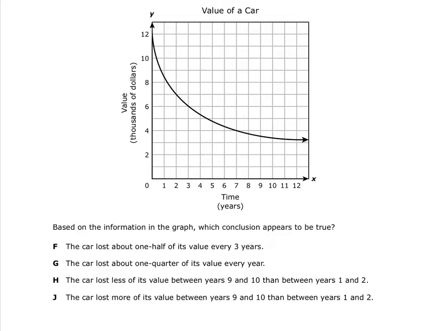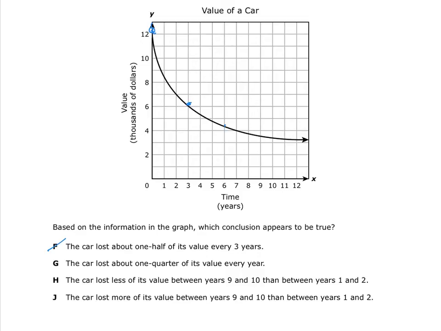So at first, it appears to be 12. And so 3 years later, it appears to be worth 6. That is half. Okay, 3 more years later, at year 6, it appears to be worth a little over 4, but that's not half. Okay, so for F to be true, it has to lose half of the value every 3 years. So we can eliminate F.